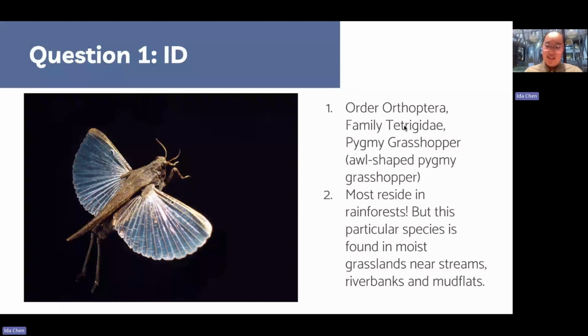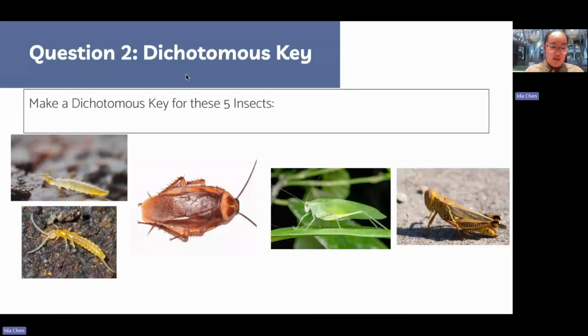I would say that this tends to be the level of specificity that you should get to. Okay, the next type of question we have is a dichotomous key. Does everyone know what a dichotomous key is?